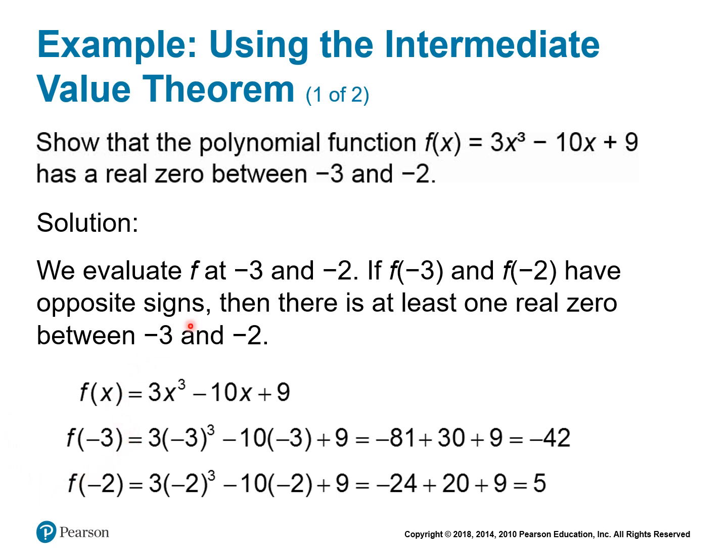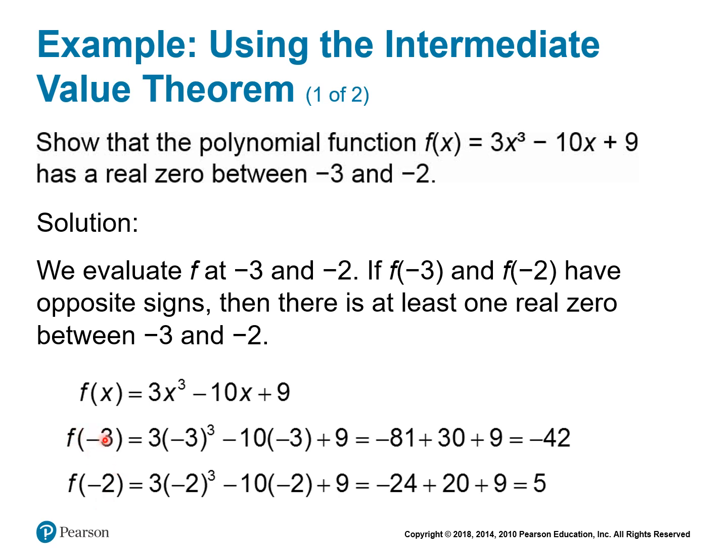If f of -3 and f of -2 have opposite signs, then there is at least one real 0 in that interval between -3 and -2. So they have evaluated this function first using -3 as an input value and then -2 as an input value.